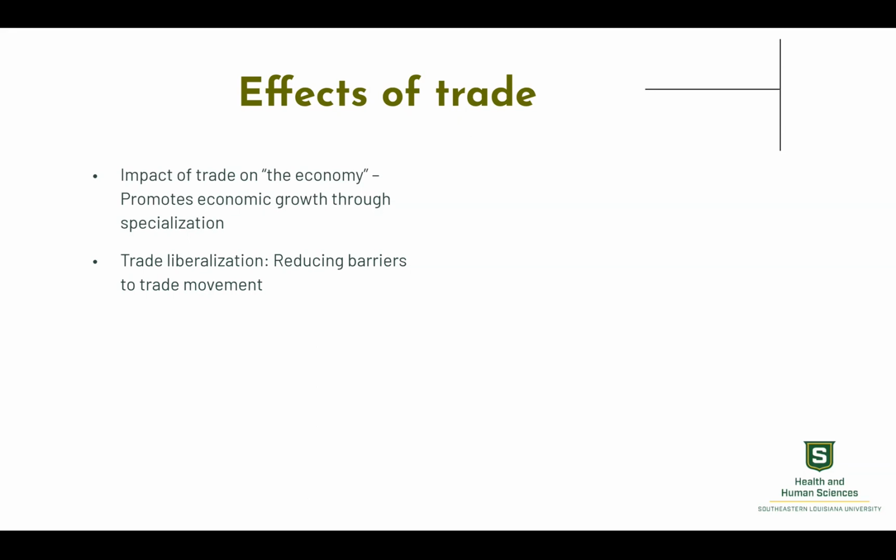So reducing barriers to trade movement, you want to ask yourself, for whom is this barrier being reduced? Because at the moment it is one way. Barriers have been reduced for the global north moving into the global south. It has not been reciprocal in the other way. The barriers for the global south moving to the global north are still very much in effect and have barely been reduced. So that is still very much in existence when understanding what trade liberalization really means.